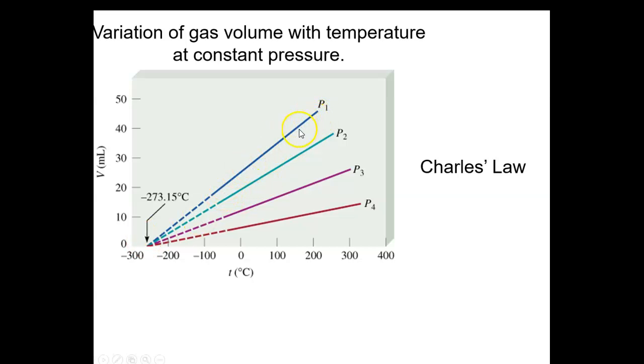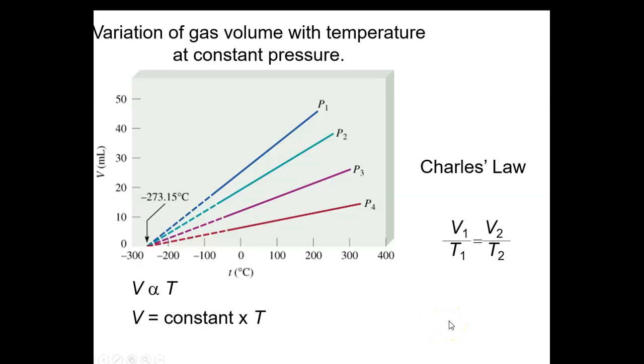We have to extend or extrapolate the line back, and we get an absolute zero where the volume would theoretically be 0 milliliters at negative 273.15 degrees. So the volume is proportional to the temperature measured from that point only, the absolute temperature, and we can say that the volume then is a constant, here's your slope of these lines, times the absolute temperature.